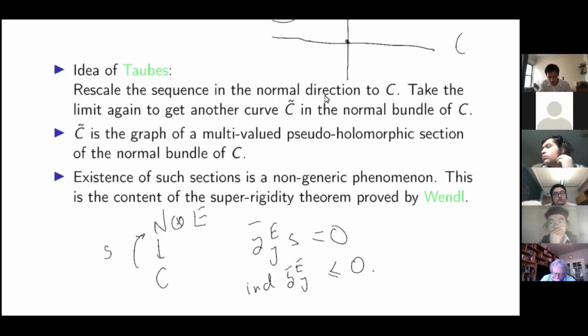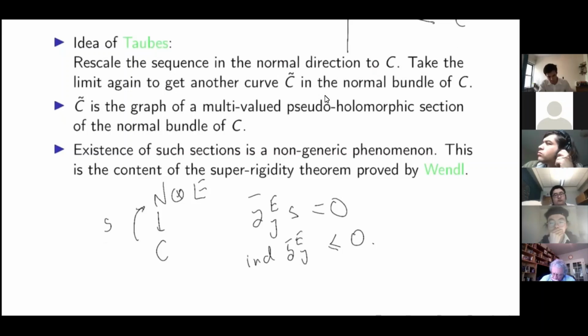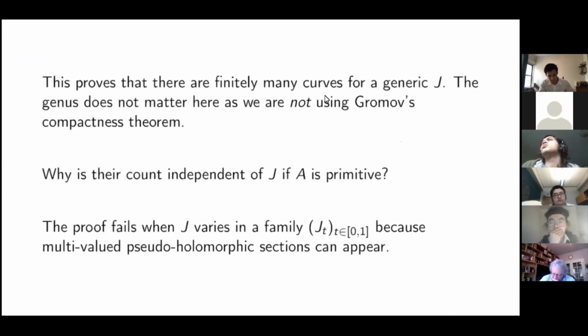And I know that my solution is non-zero, essentially because C twiddle was not equal to C. So this contradiction shows that there couldn't be an infinite sequence of curves in the same homology class. So this proves that there are finitely many curves for a generic J.